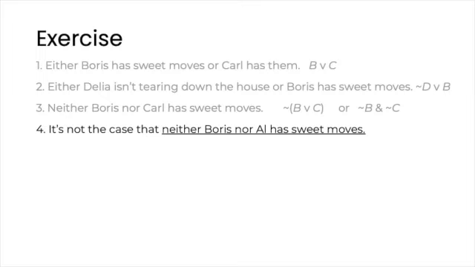But this subsentence is of the same form as example 3, so it is symbolized as not B V A. So since we know that this is the expression that is being negated, then, to represent the whole sentence, we simply put a tilde in front, and we end with not, B or A. This is, of course, truth conditionally equivalent to not B or A, and so this last symbolization would also be correct. However, the one we propose has the advantage that it reflects the syntax of the original sentence.